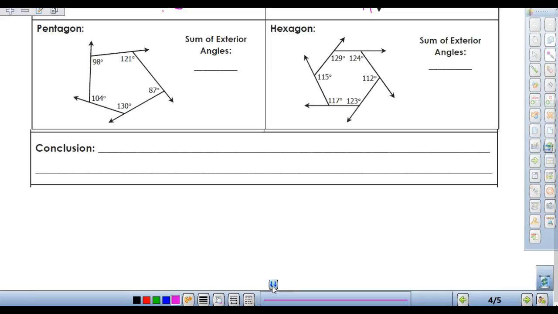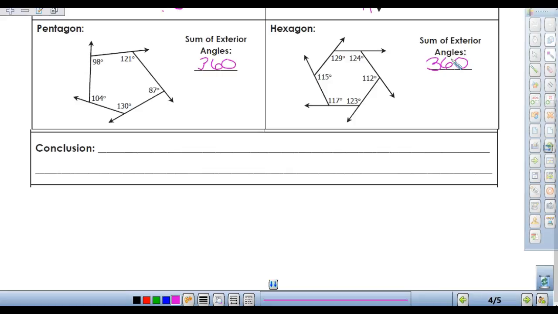What do you get in the pentagon? Anybody got it done yet? 360. Anybody can make a hypothesis here? 360. What's our conclusion?